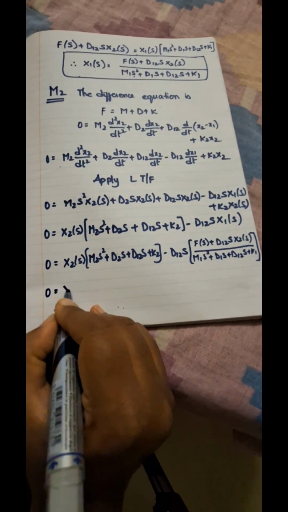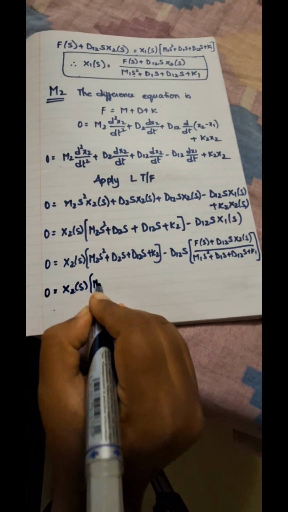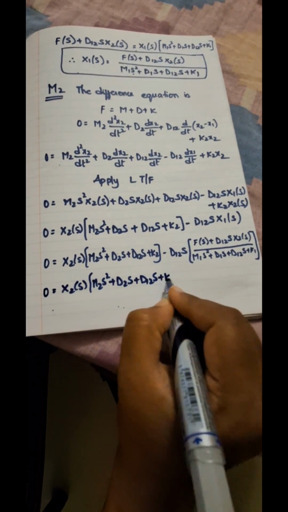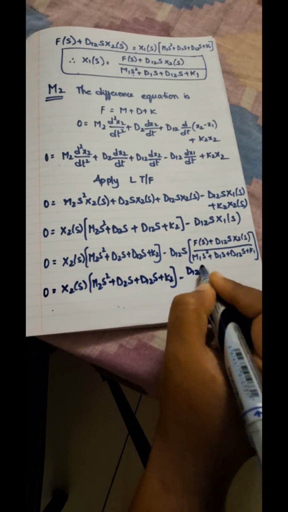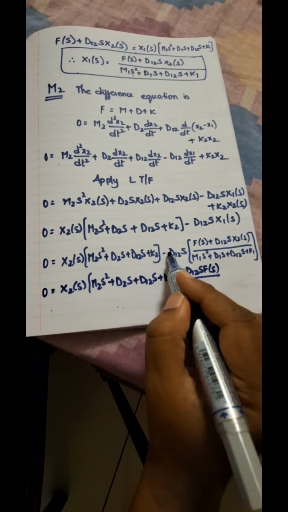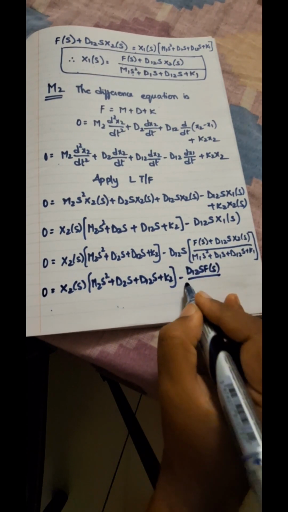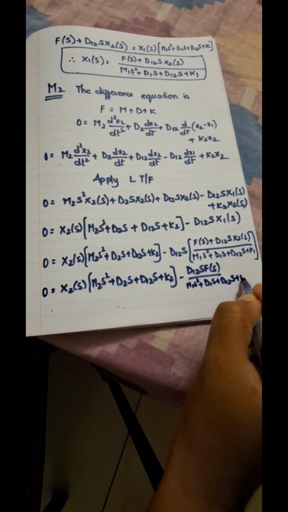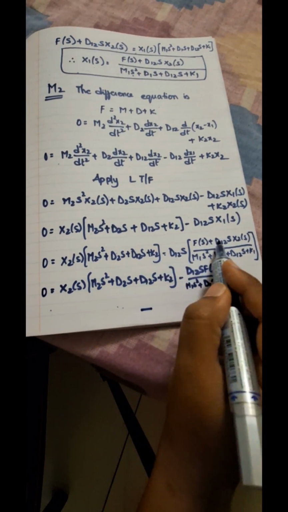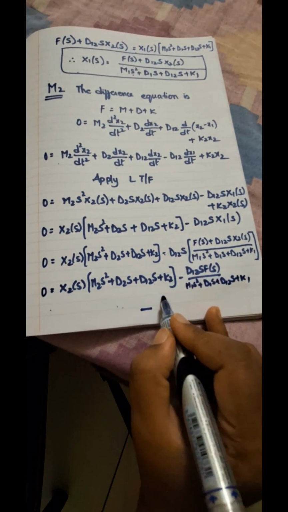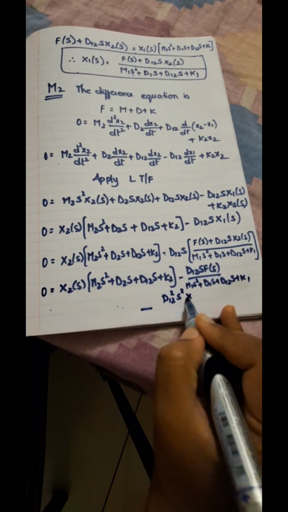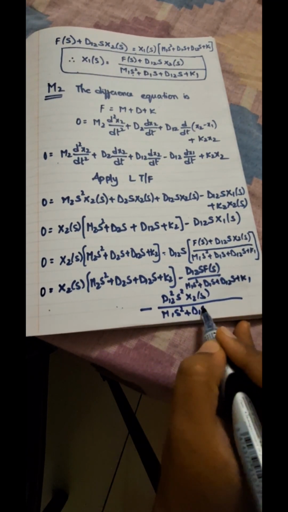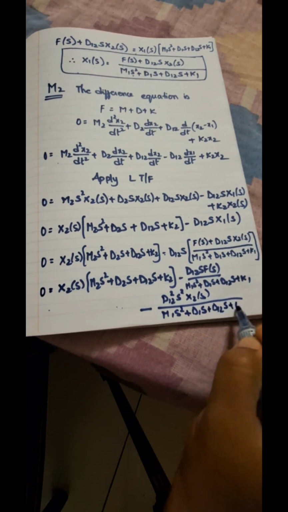So 0 is equals to x2 of s into m2s square plus d2s plus d12s plus k2 minus d12s f of s by m1s square plus d1s plus d12s plus k1 minus, because minus into plus will be minus, d12s into d12s, d12 square s square x2 of s by m1s square plus d1s plus d12s plus k1.